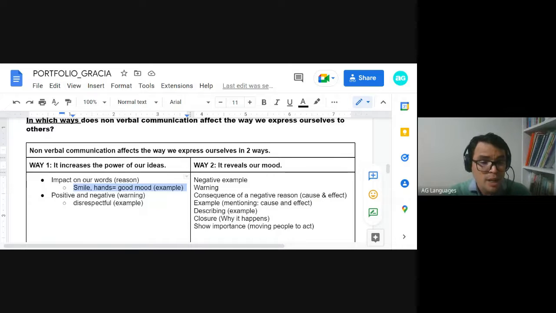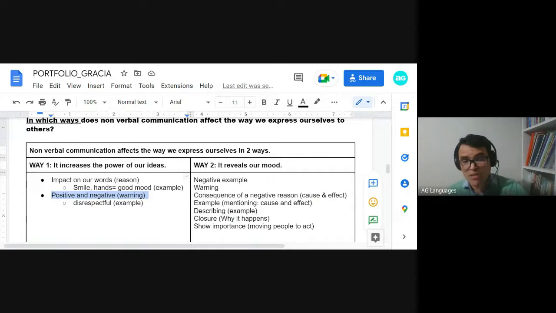Yes, but maybe there's a warning. Oh, body language can have a positive and a negative effect. So we need an example of a disrespectful situation. But this type of organization is not in the paragraph. That is why it was lacking information.